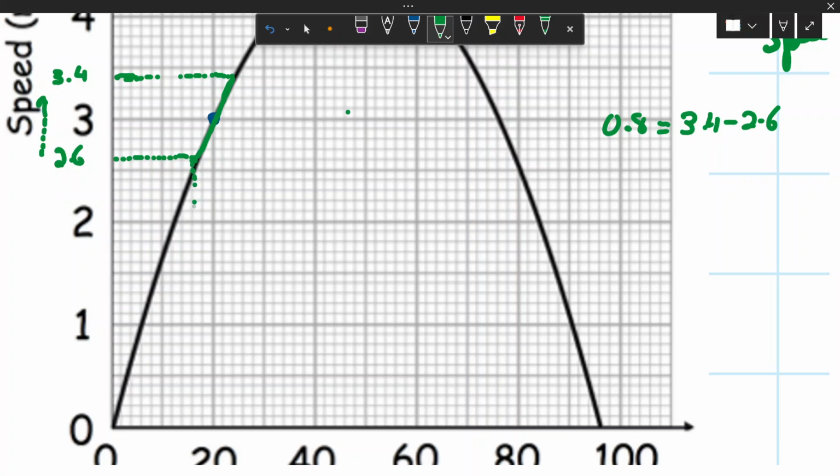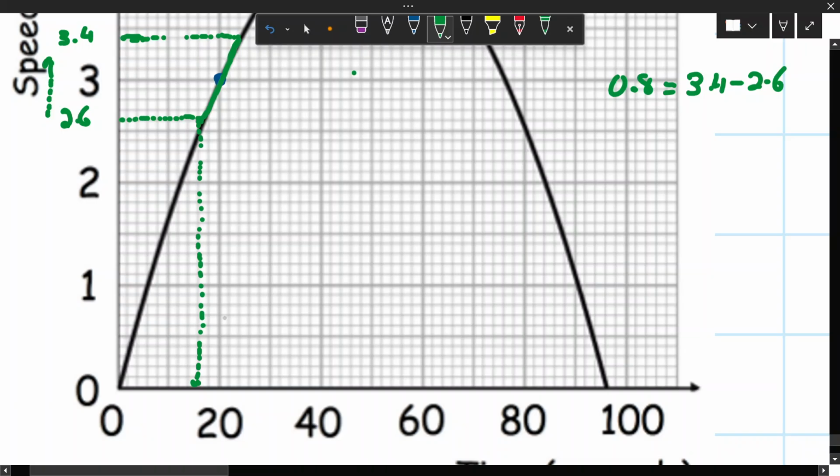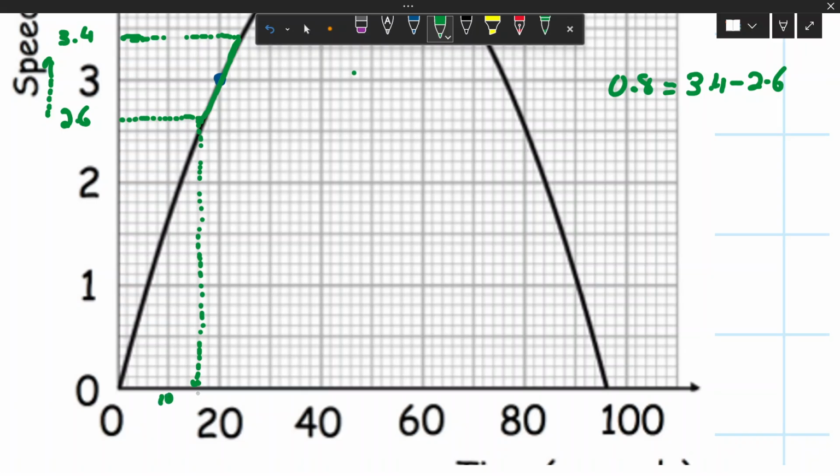Now, I need to work out the run. So the run, if I drop this line all the way down, that's looking like, so this is 10. 4, no, that's 1, 2, 3, so that should be 16. Drop the next line. That's 2 lines away from 20, so that's 24.